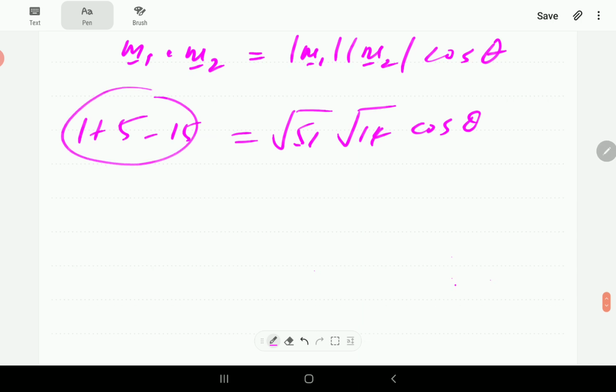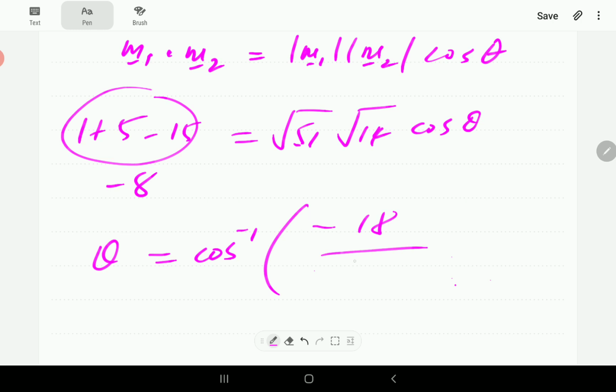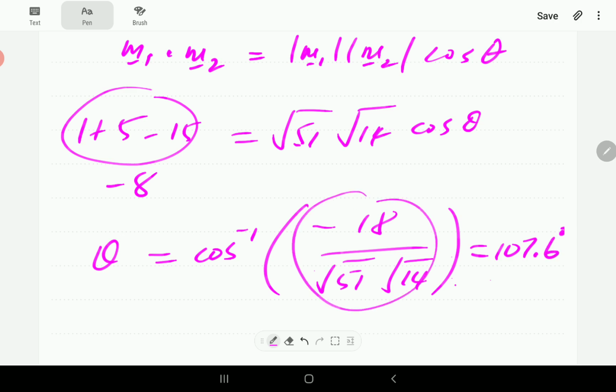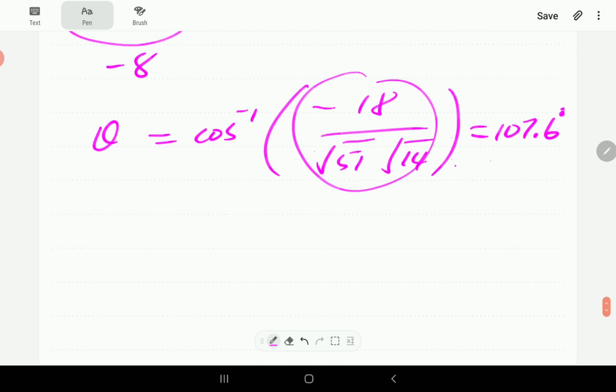This works out to negative 8, so that means theta is going to be inverse cosine of negative 8 divided by square root 51 times square root 14. In degrees it's going to be 107. As we mentioned before, if this is negative, then the angle is going to be obtuse. So that's going to be the angle between those two lines.